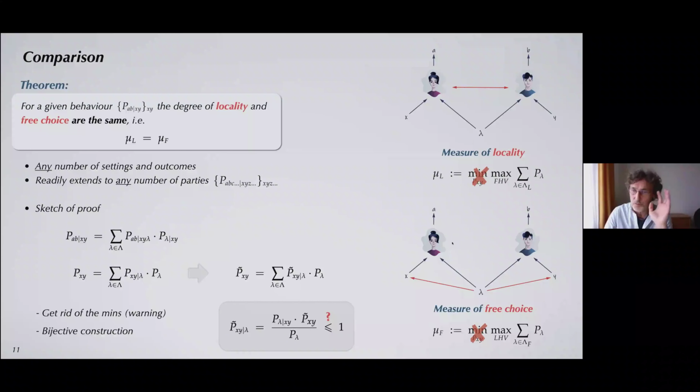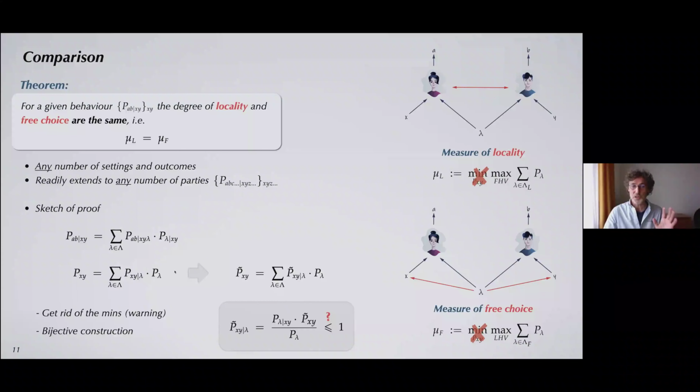So it's really trivial to get rid of this minimum here, and that's why people considering local fraction simply omit it, because it's always satisfied. But note that for freedom of choice, it's not. It doesn't suffice because those two terms don't cancel out. That means that this quantity could be greater than 1.